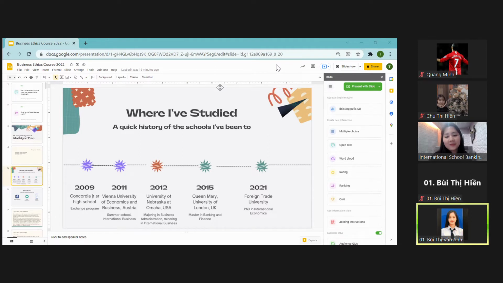I think a student exchange program is a program in which students from a school, a secondary school, a high school, or university study abroad at one of their partner institutions.